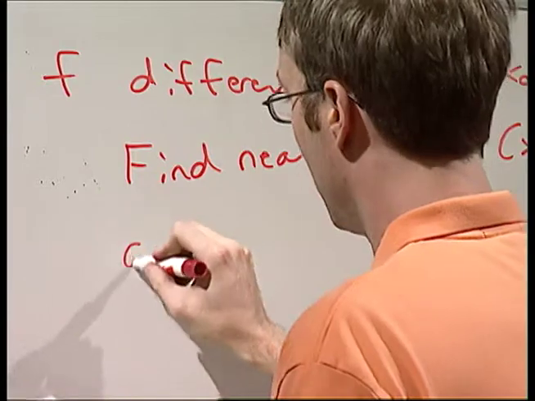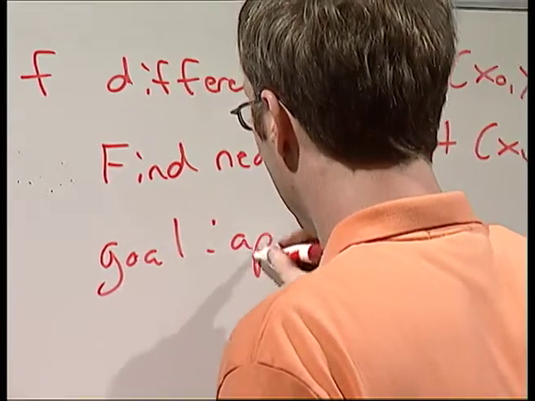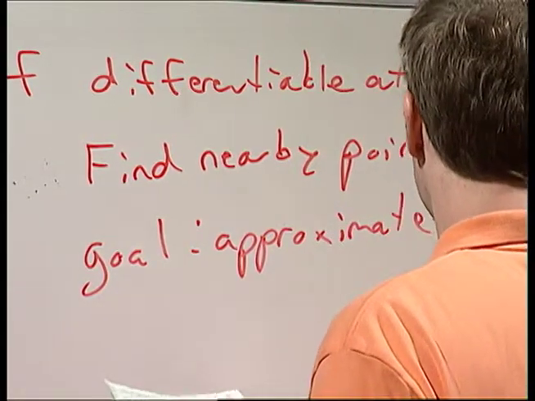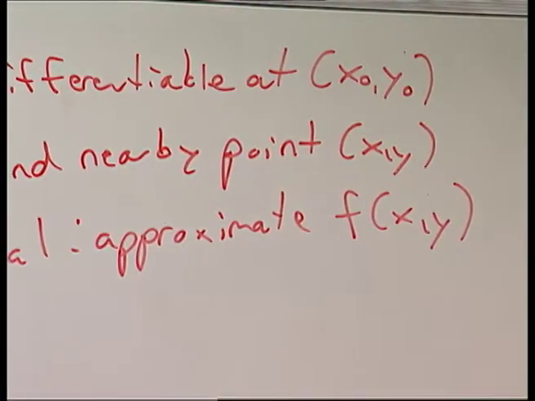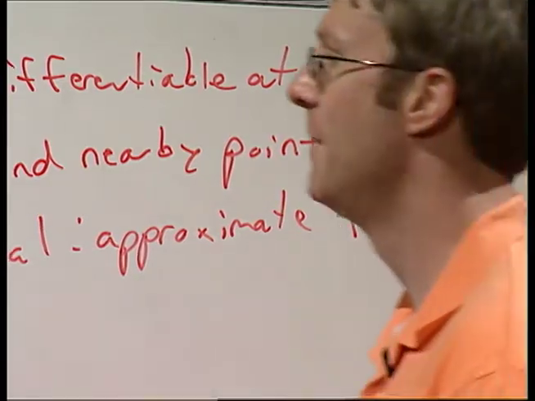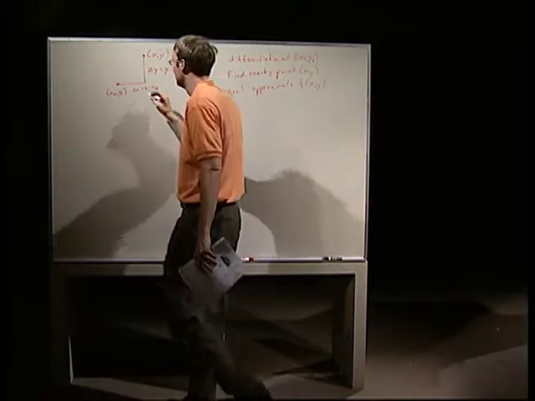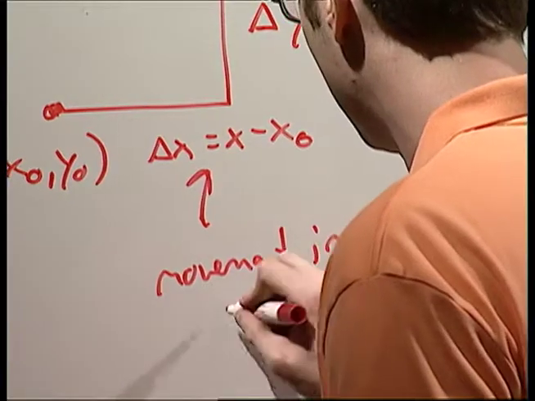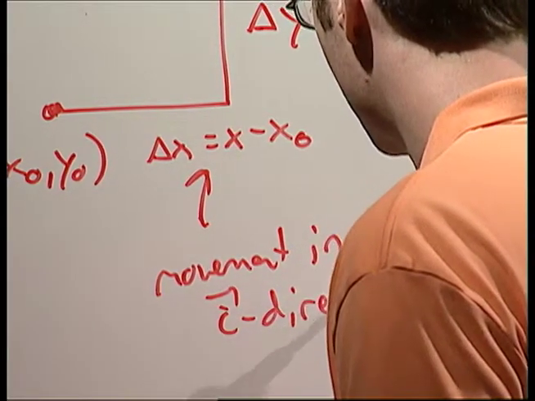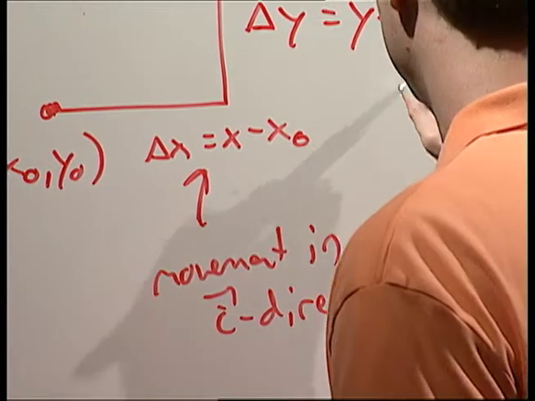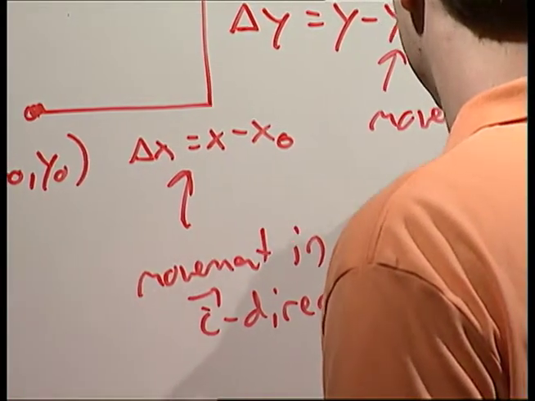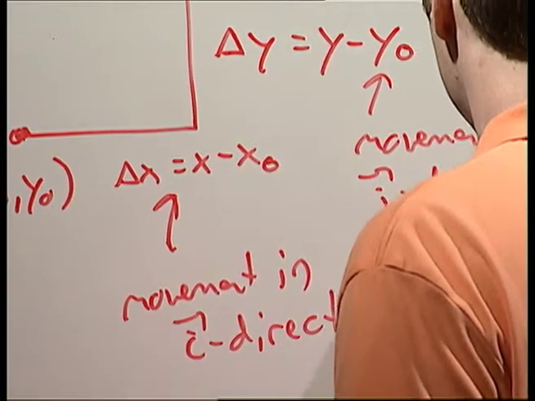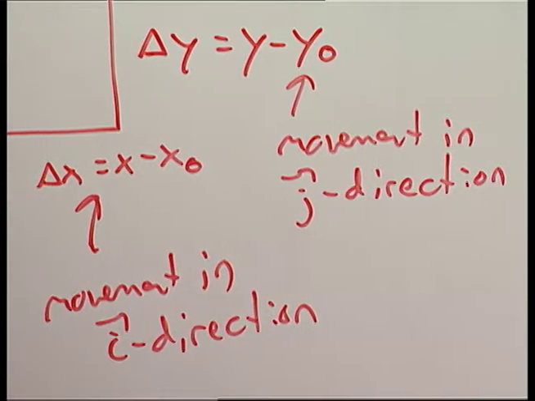The goal is to approximate f of (x, y), right? Here I'm moving delta x, so this is movement in the i direction, in the x direction. This guy is movement in the j direction, right?